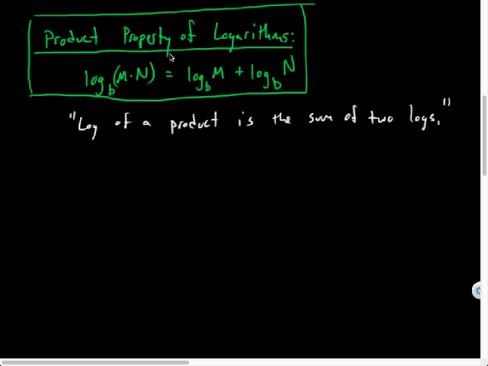And that's the idea. So if I've got the log of two things being multiplied, I could rewrite that as the sum of two logarithms where I'm taking the log of those two things.